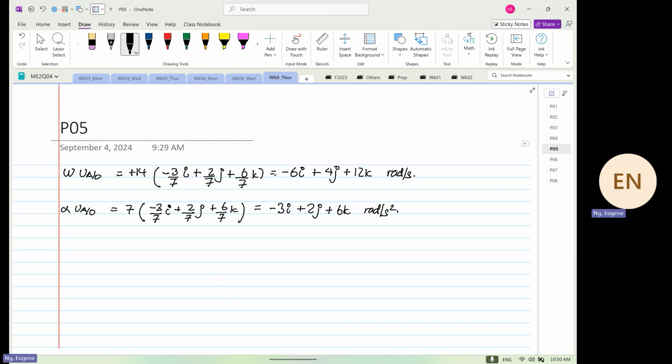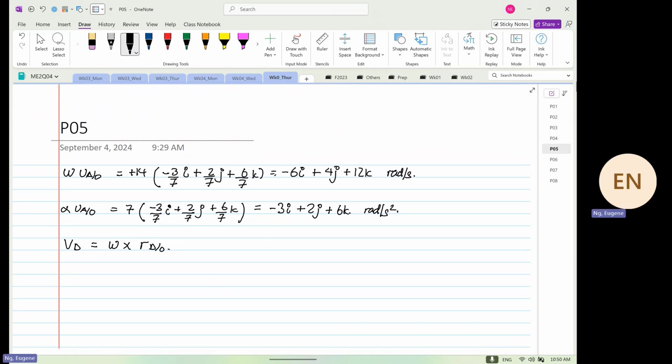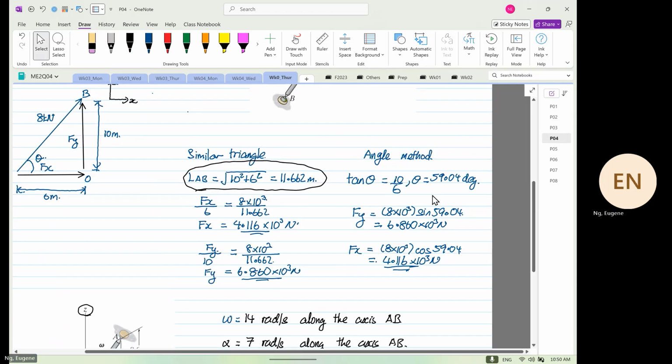Next, we know that the velocity at point D is equal to omega cross RD from point O. Let's bring the diagram across.